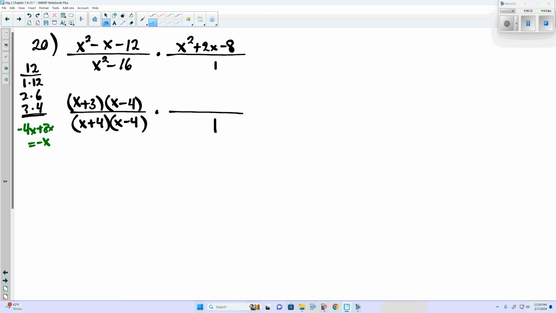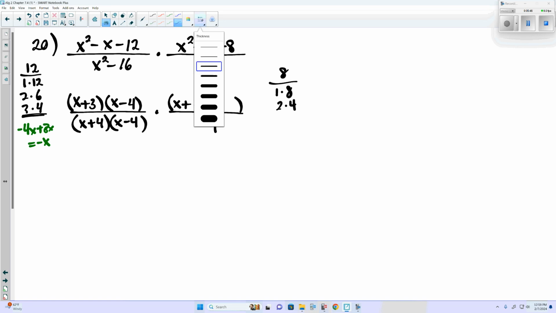Now, the denominator of our second expression is 1. Now, when we factor x squared plus 2x minus 8, third term is negative, so our signs are opposite. Factors of x squared are x and x. Factors of 8 are 1 and 8, 2 and 4. Now, at this point here, we can use the denominators to help us.